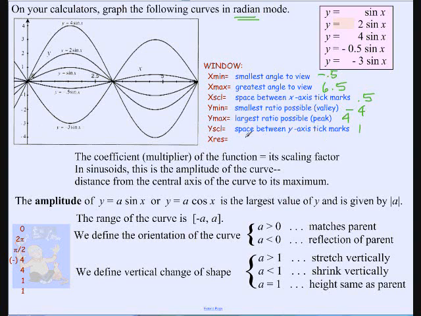And our resolution, we don't have to worry about, that's going to stay 1. The coefficient, or the multiplier of the function, see it right here? And what is this one? This was actually a 1. Is its scaling factor. In sinusoids, this is the amplitude of the curve, the distance from the central axis of the curve to its maximum.